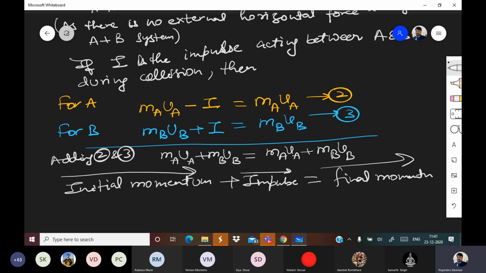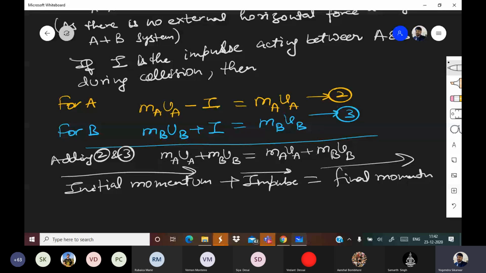Because if an external force is acting on the system, it will have its impulse, and we have to add that. Here, we have taken one impulse positive, one impulse negative, based on the direction in which they are acting. When we took A and B both as the system, those impulses got cancelled, and we got the final answer.